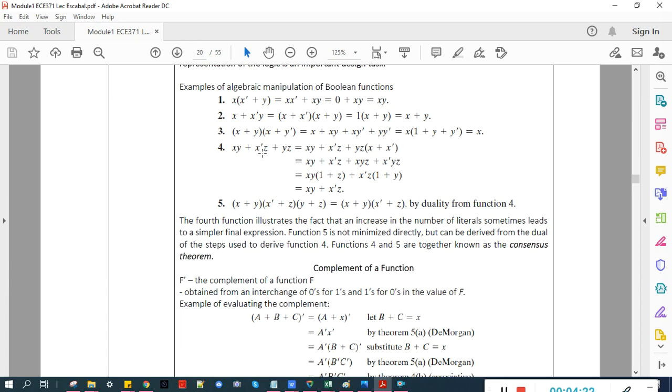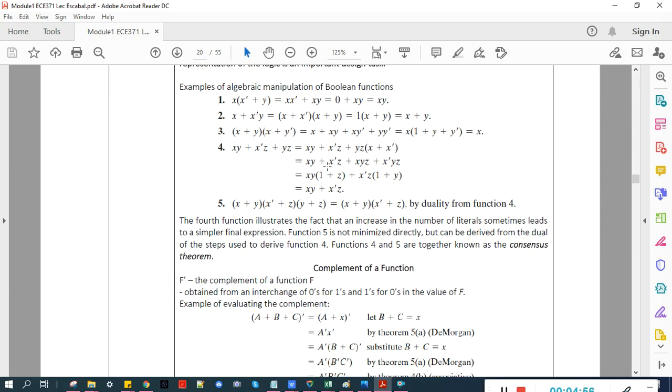The author manipulated the last term, yz. So he multiplied it by (x + x'), which is just 1. Why he chose x + x' is because the first two terms have the element x in them, but yz doesn't have x. So he multiplied by 1, which is just an identity element.